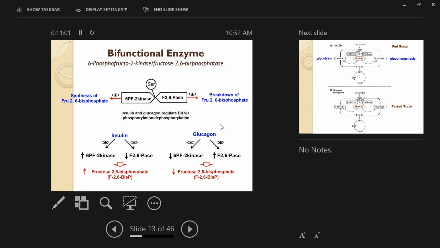For example, insulin upregulates, meaning increases, phosphofructose 2 kinase, but decreases fructose 2,6-biphosphatase. So the net effect of insulin is to increase one bifunctional enzyme activity and decrease the other. And what does this do? Do you remember from the last slide, in terms of regulation of the production or breakdown of fructose 2,6-biphosphate?